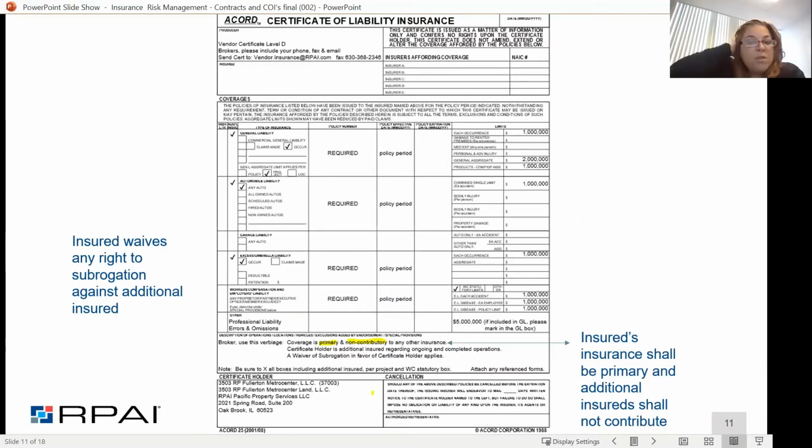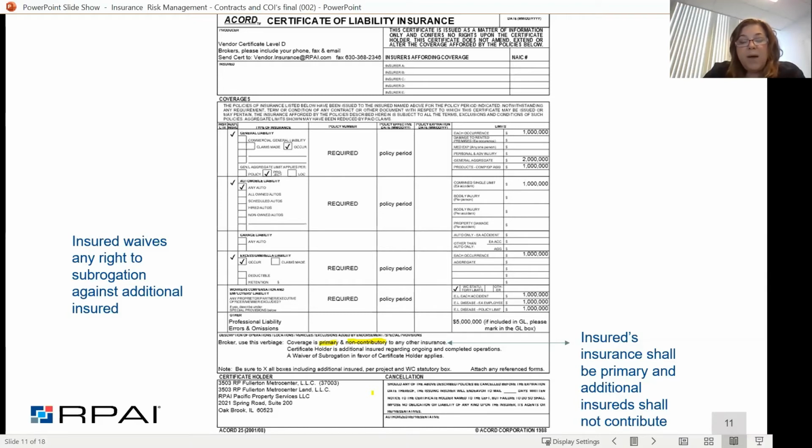So a couple of things that we've thrown out there with regards to requirements. We've used the word primary non-contributory, and we've used the term waivers of subrogation. So what do those mean? Basically, a primary non-contributory requirement in a contract says that the vendor's insurance responds first, and they're not going to be looking for the additional insured's insurance to share the limits or to share the liability limits.